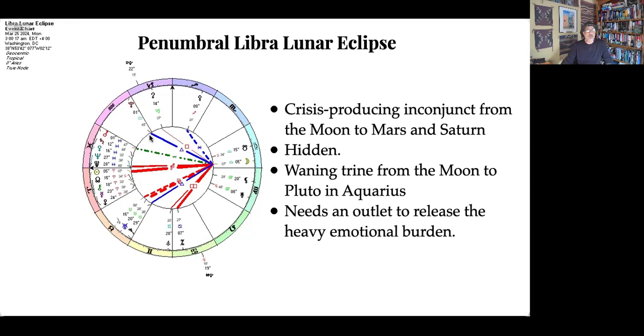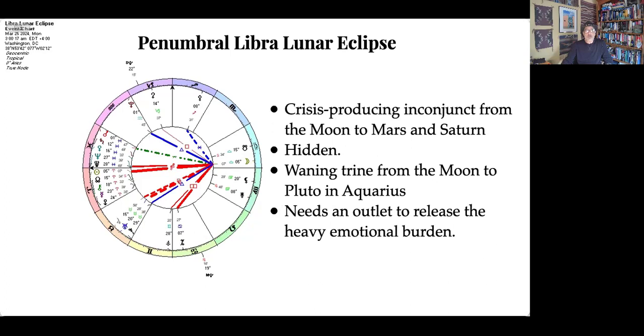Mars and Pluto are the keys to this whole episode unfolding. It speaks to potential violence, certainly unexpected events, and I don't want to say a firestorm, but all things are possible here emotionally.